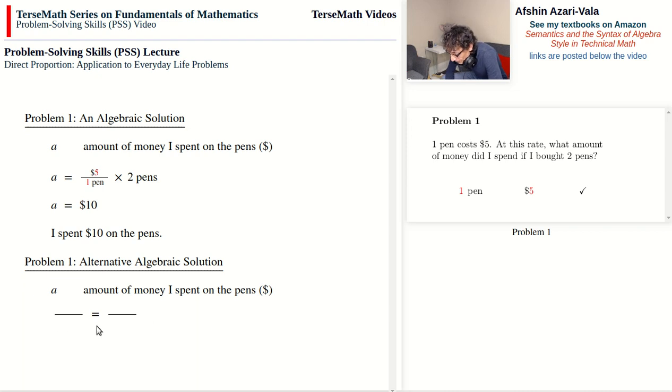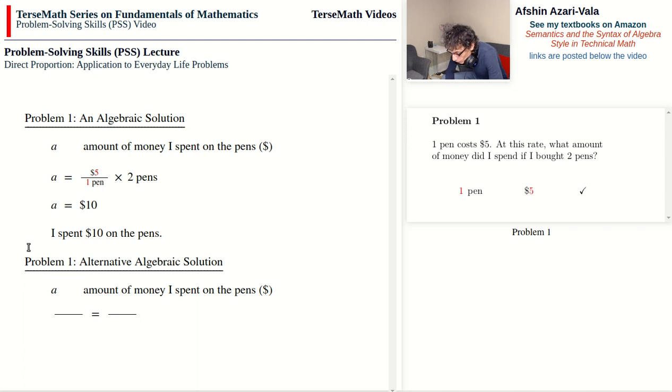And in this kind of setup, we associate the top to one of the quantities involved, such as number of pens or dollars, and we associate the bottom to the other quantity. So if the top is the number of pens, then the bottom will be dollars, and vice versa. If you choose to put dollars on top, then at the bottom will be number of pens. Either way, it will work out to the same solution in the end.